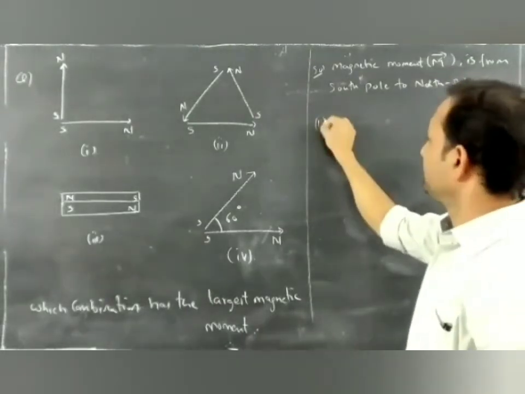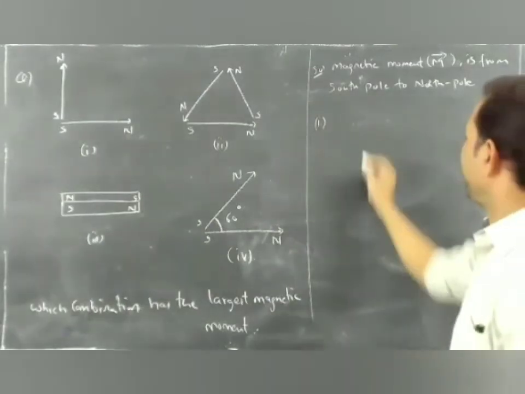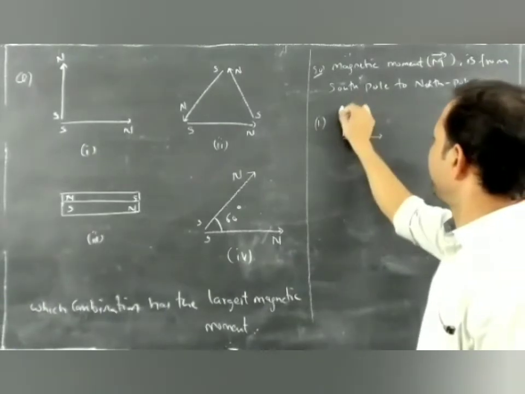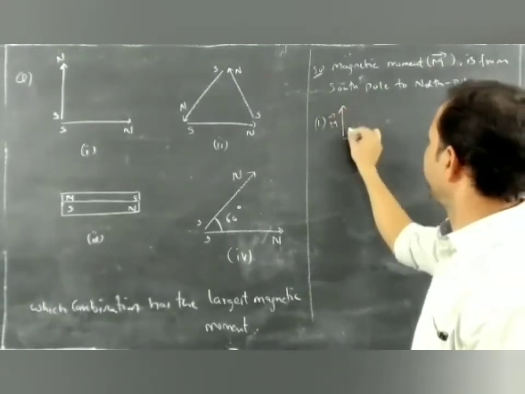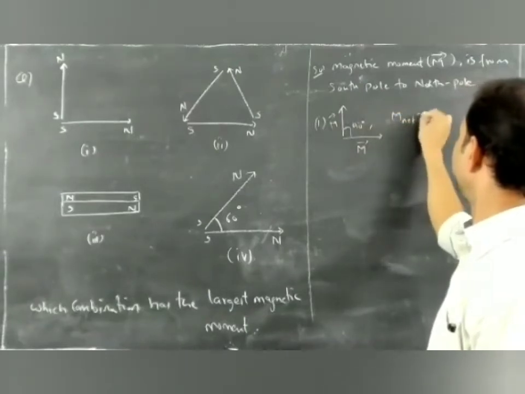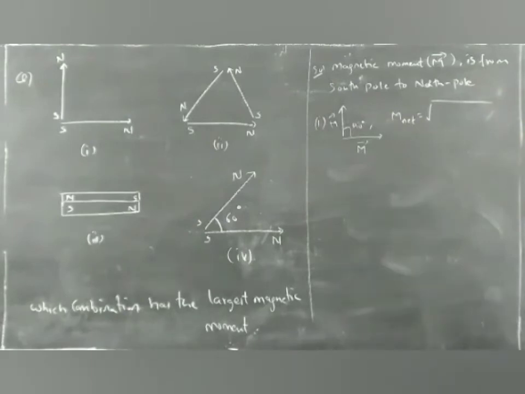Okay, now let us see what is the magnetic moment for the first diagram. This is the magnetic moment of the first magnet and this is the magnetic moment of the second magnet. Both are at 90 degrees, so therefore net magnetic moment is equal to root of m square plus m square plus 2m square into cos 90.